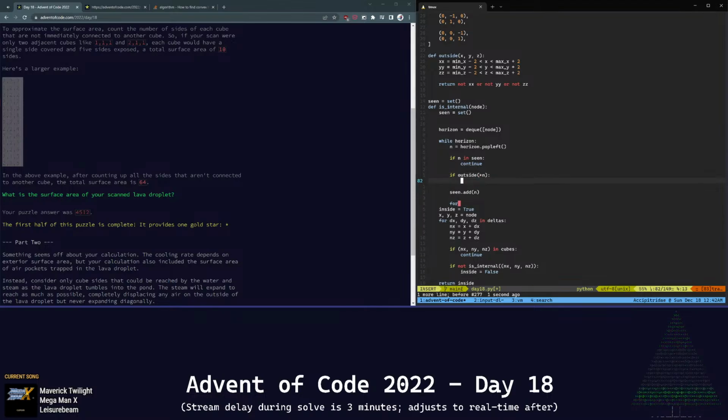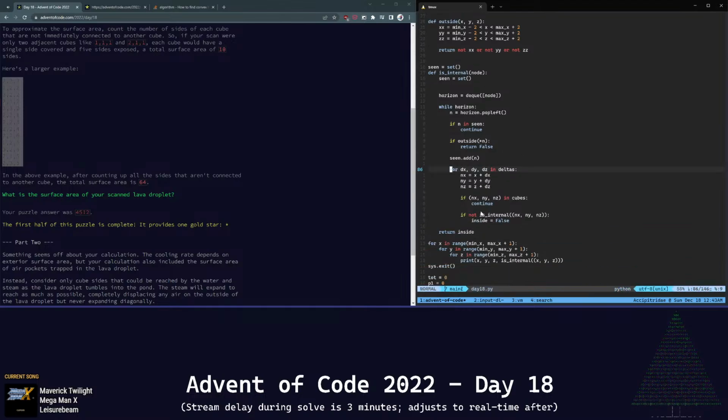If we're outside, then we're false. And then we do the neighboring things. If this is... we don't add in touching another cube, otherwise horizon dot append. Right? And we return true if we get here.